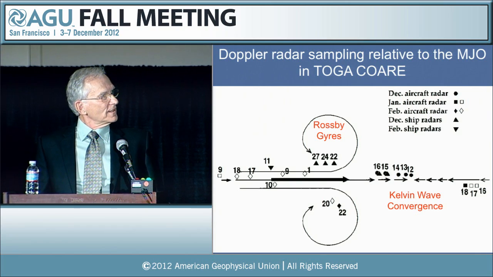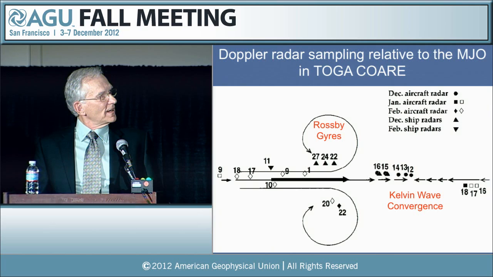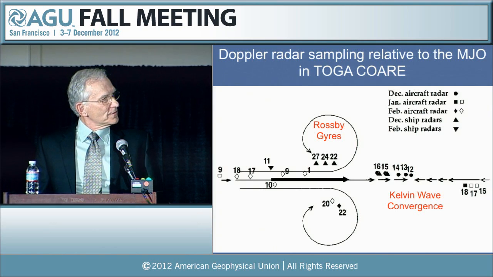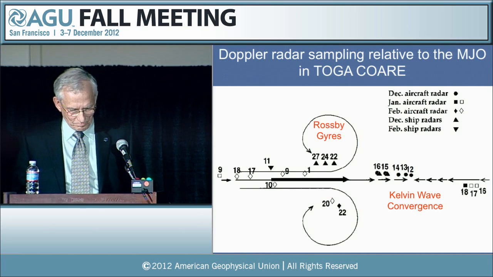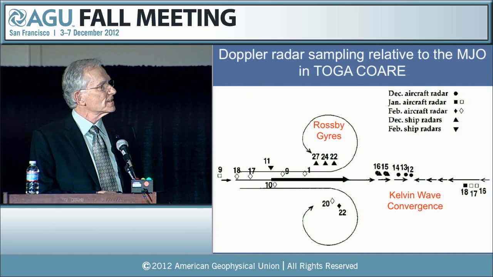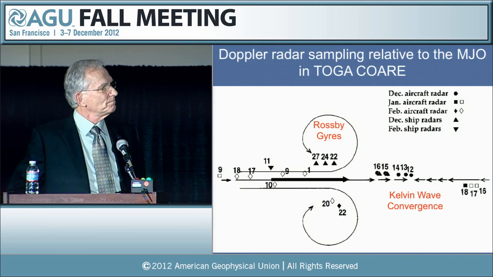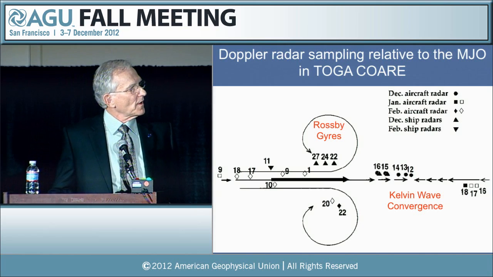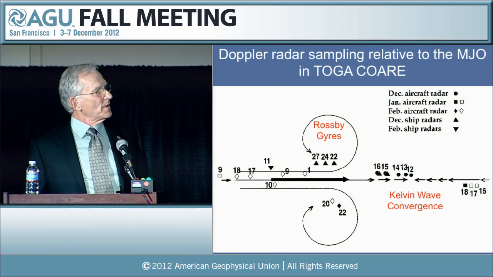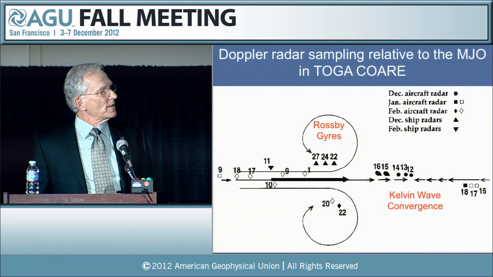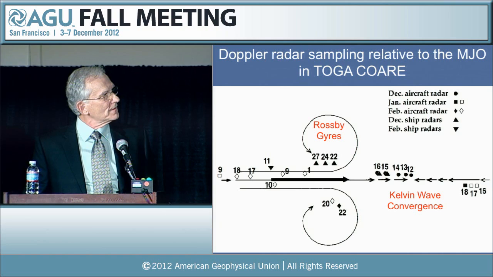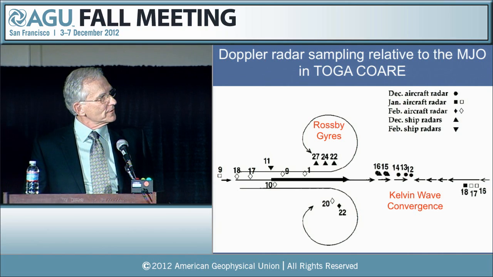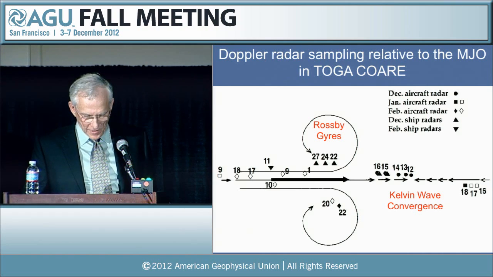The dots here and the numbers show the days and locations, relative to the flow pattern, where we got radar data, from the Kelvin wave convergence and then on into the first part of the Rossby gyres, where the westerly winds are very strong. We obtained a lot of Doppler radar observations, including dual Doppler.